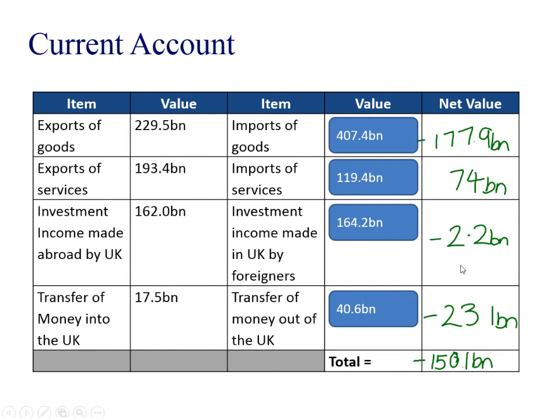We've got a negative figure on the net income, and a negative figure on transfers. But you can see it's by far these two that are the bigger. Well, I'm not going to say that 2.2 billion is a small amount, like a drop in the ocean, but it's a drop in the ocean compared to these bigger figures here. And that comes out as a negative figure.